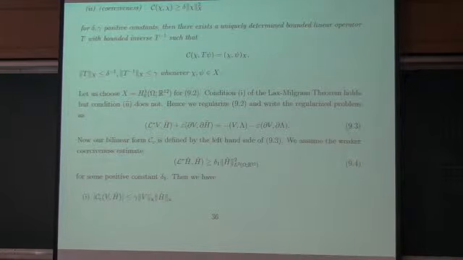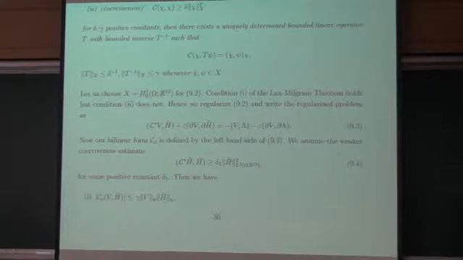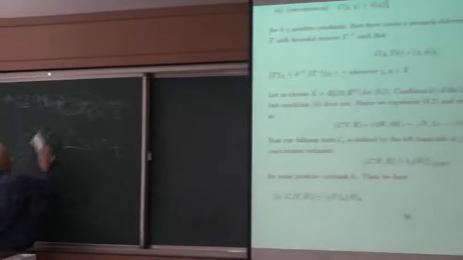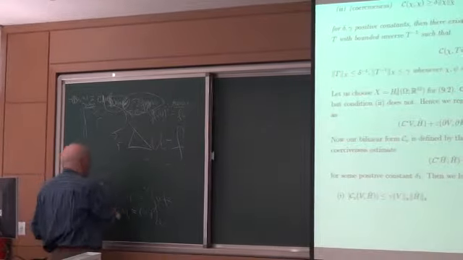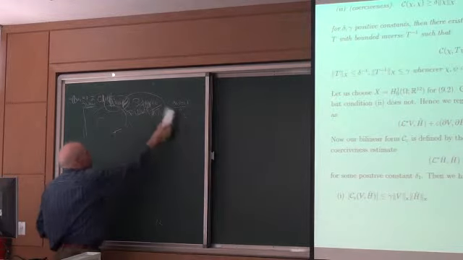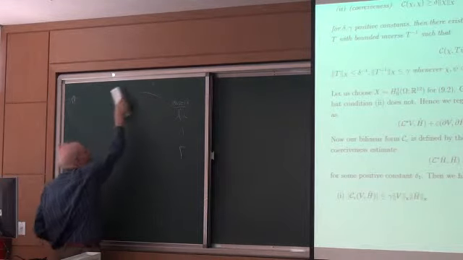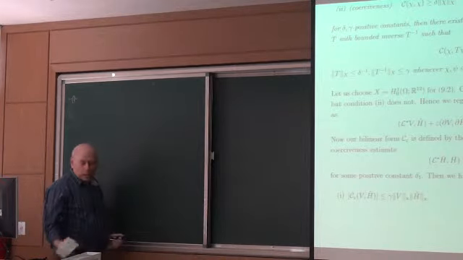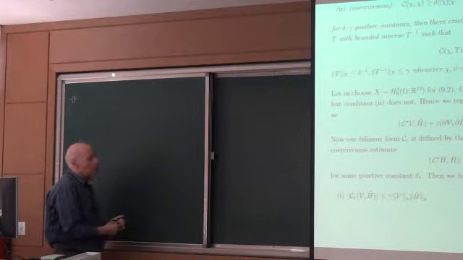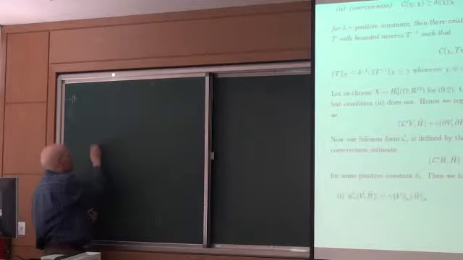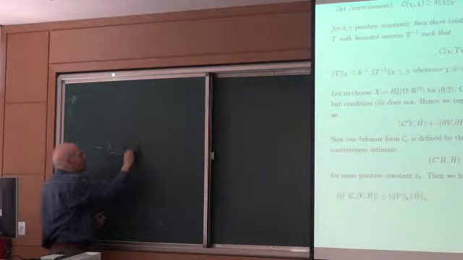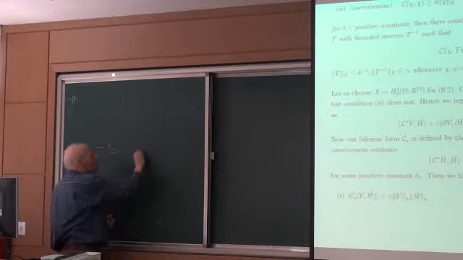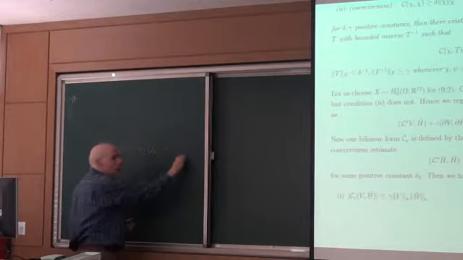Why doesn't it work? Let's do the example here, with respect to the Poisson equation. Let's write it with a minus, and I'll put in a b now.